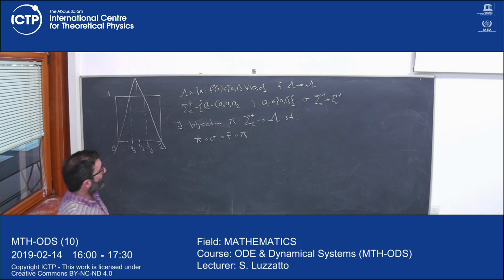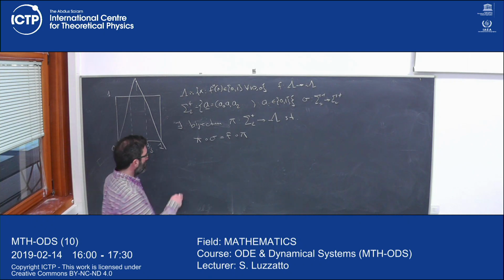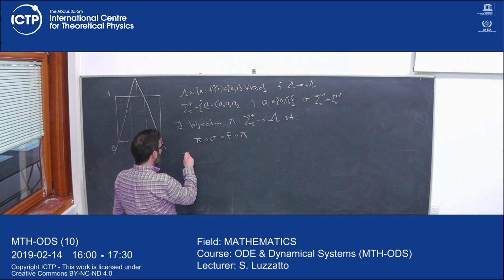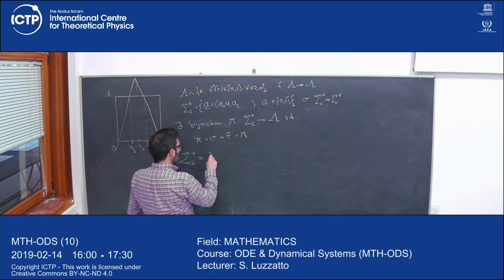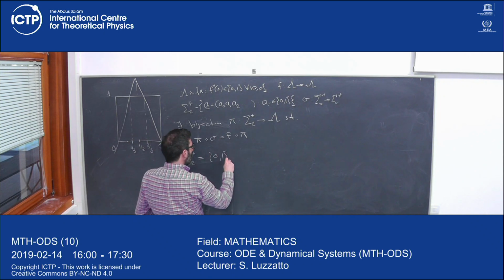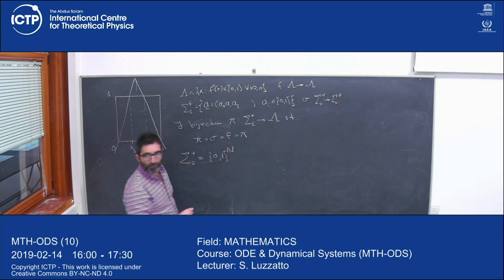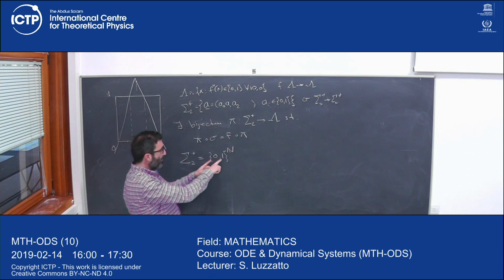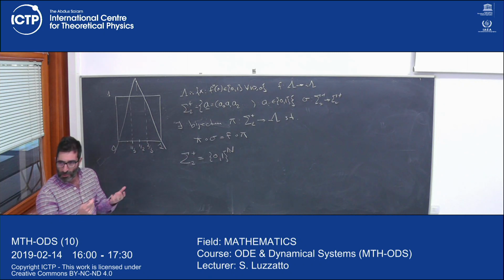So there is a natural topology, which comes from the observation that you can write Sigma 2 plus equal to {0, 1} to the N, a product space in this sense, right? Because it's the product of infinite copies of {0, 1}, and there's a product topology.